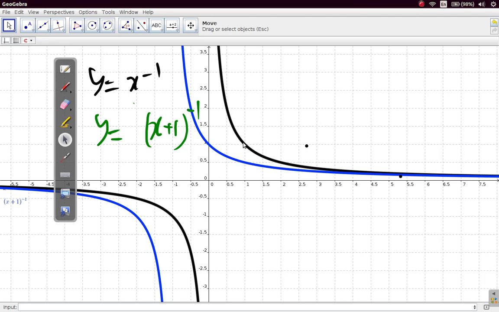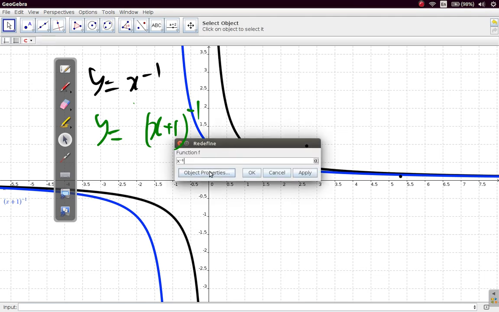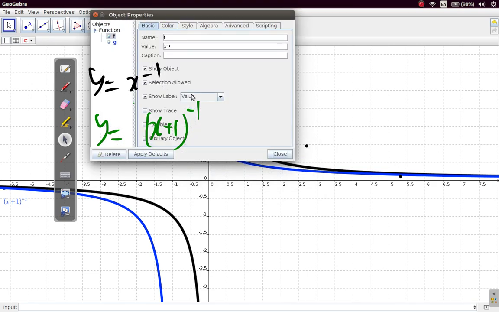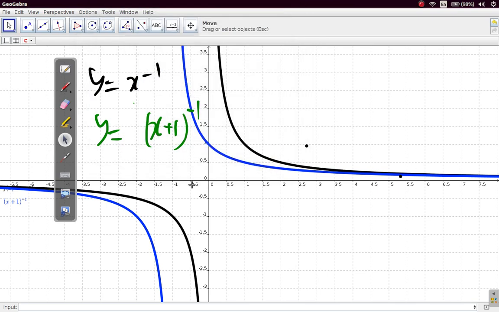The black graph is just x squared, right? Or not x squared, x to the negative 1. The black graph is showing x to the negative 1. Right? Now it's x to the negative 1.